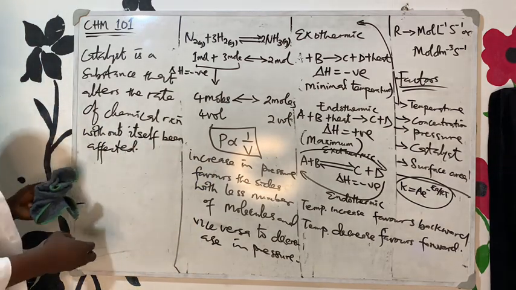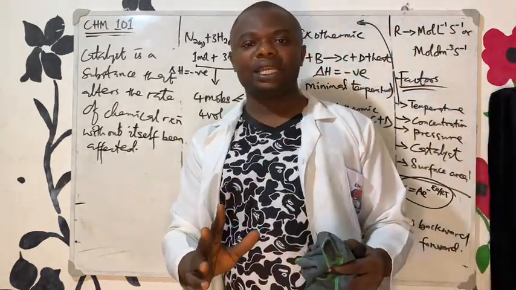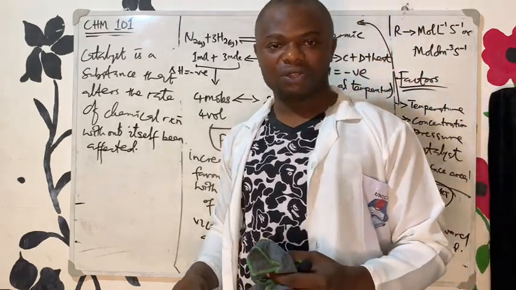Yes, that is it. And how does a catalyst alter the rate of a chemical reaction? By creating a lower energy pathway whereby the reaction can easily take place. So that is the work of a catalyst.